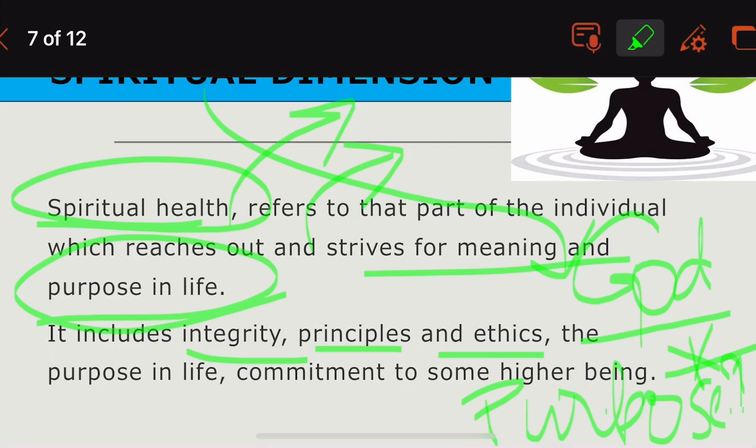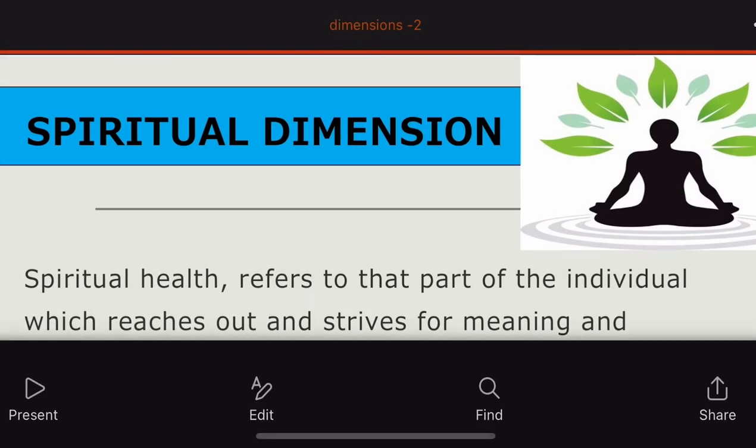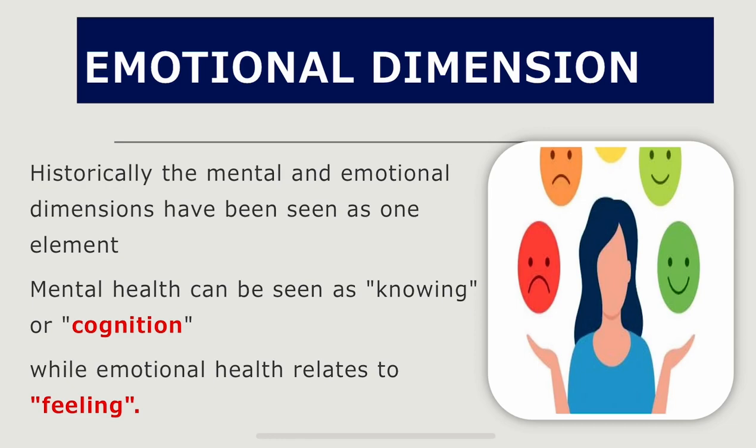This is the spiritual health which makes us a good human in the society. We also focus on the purpose in our life, the commitment we have to some higher being, the prayers, the chanting, all such prostration, what you do to God is nothing but the spiritual dimension. It is the principles, ethics, the purpose in life, and the commitment you have to some higher being that is the spiritual dimension.